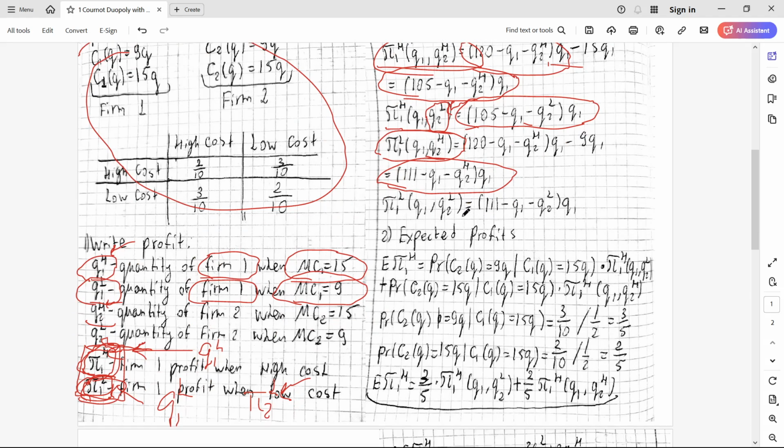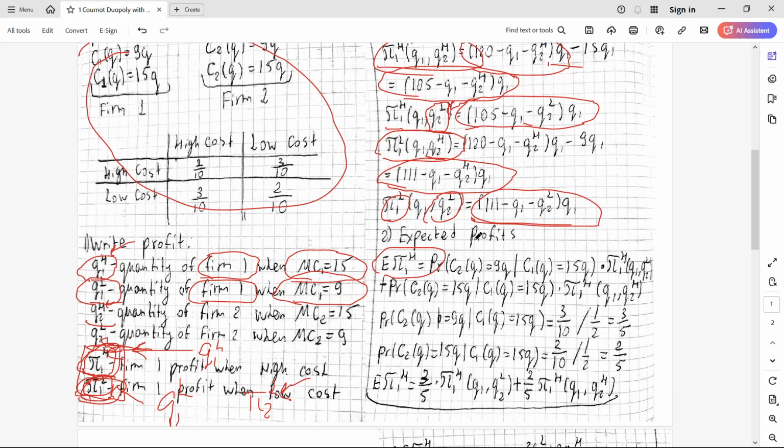And I do similar for when firm 1 is of low type and firm 2 is of low type, and this is how it looks like. Now we can write the expected profits, and these expected profits are actually what the firms look at. So high type firm cares about their expected profit when they're of high type.